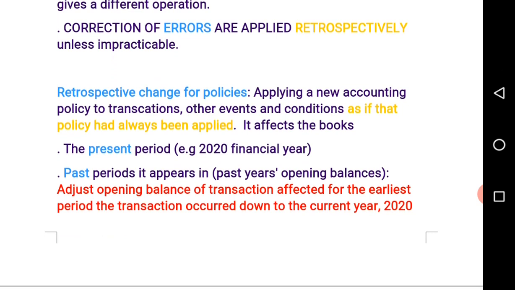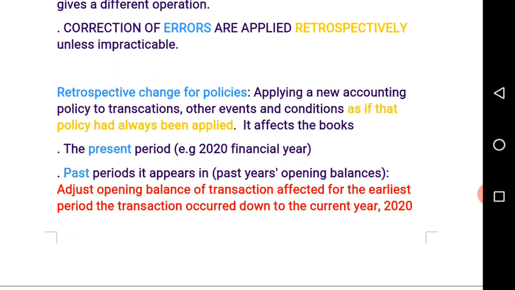And if this date is not practicable, we start from the earliest practicable date. If the earliest practicable date is 2010, you'll start from 2010, changing their opening balances.